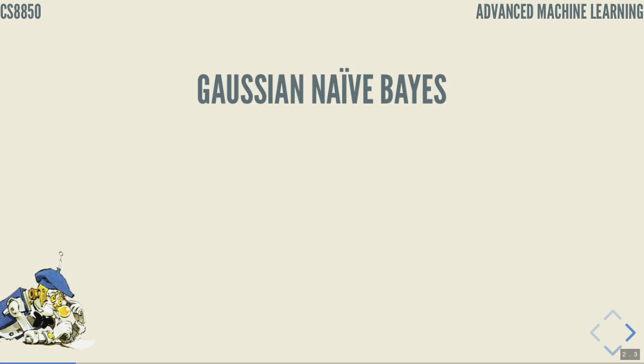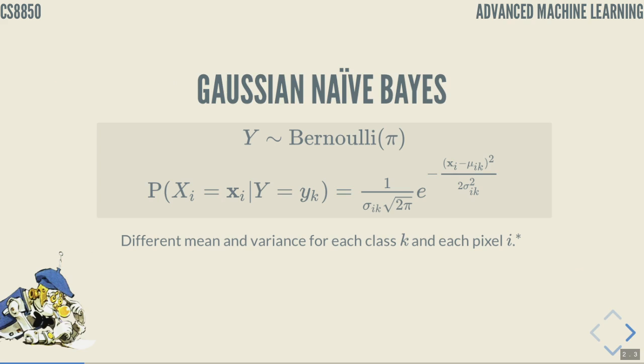Let's go a little further. Gaussian naive Bayes. Gaussian naive Bayes is when we assume a Gaussian parametric form for the likelihood. This is our likelihood, and we're saying that, given the class Y, the distribution of feature xi is just this one-dimensional Gaussian. It has class-specific variance and, of course, class-specific and feature-specific mean.